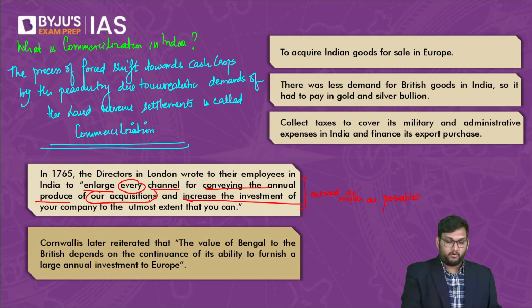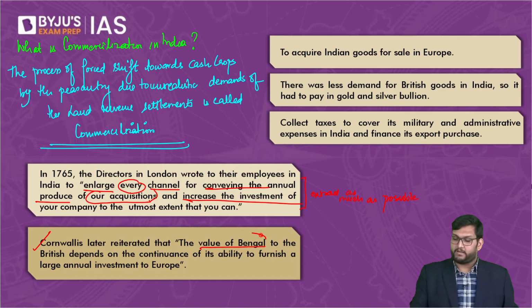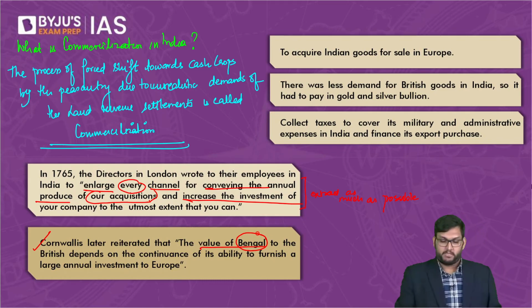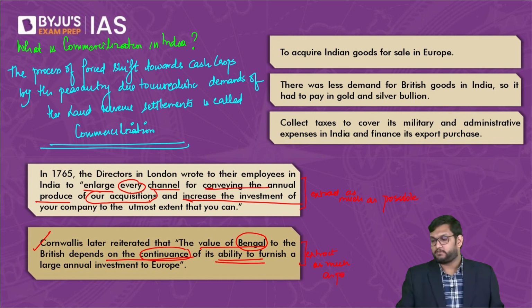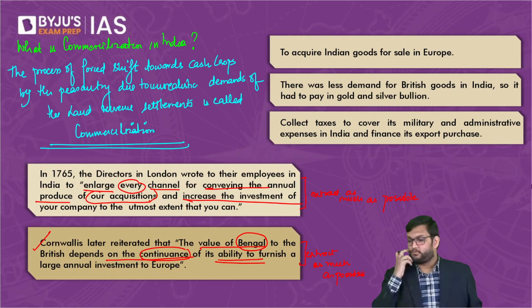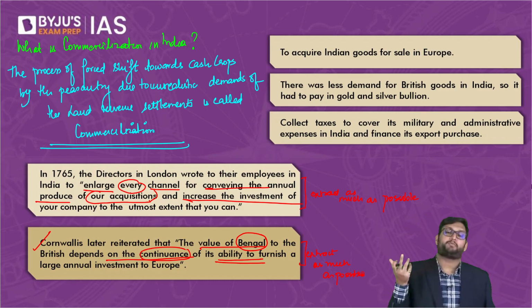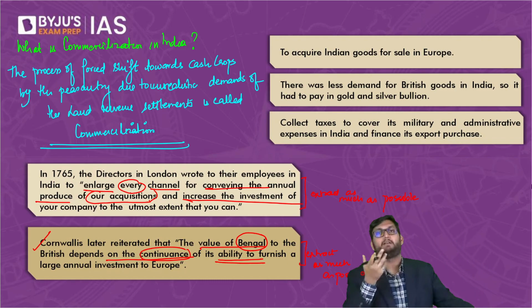Now, Cornwallis reiterated that the value of Bengal to the British depends on the continuance of the ability to furnish a large annual investment to Europe. Again, extract as much as possible. What if the farmer wants food crops? Produce food crops, but you will struggle to meet the demand. You will get evicted only.